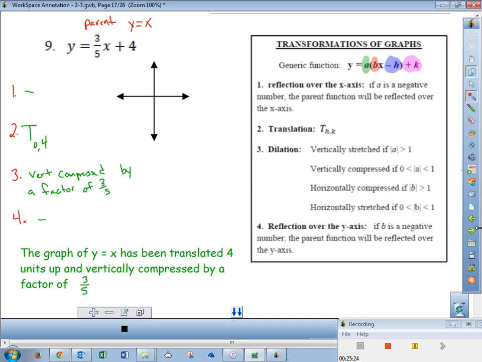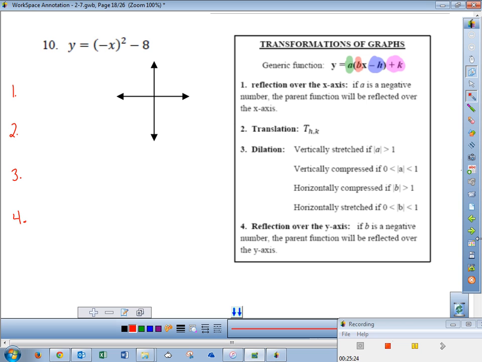The graph of y equals x has been translated 4 units up and vertically compressed by a factor of 3/5. Still only 3 examples. Cool? Getting warmer. I don't know if this helps you or not. It helped the other day when I did this in a different class.